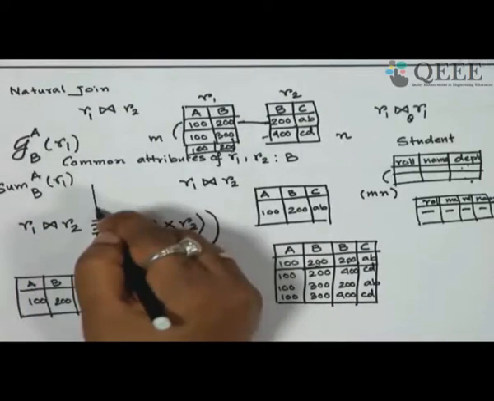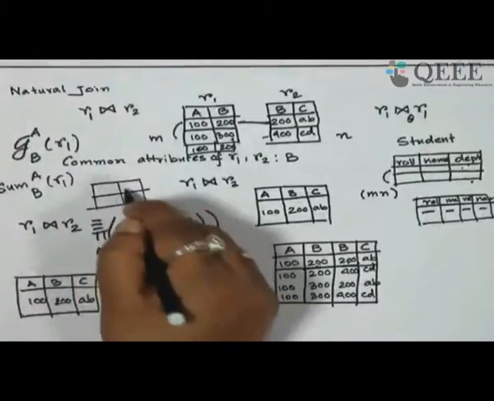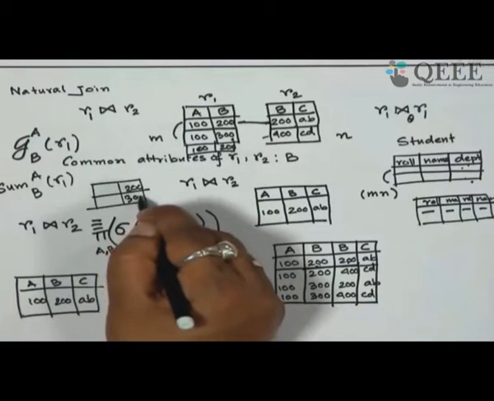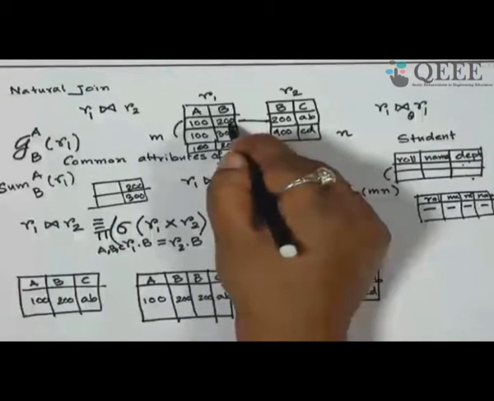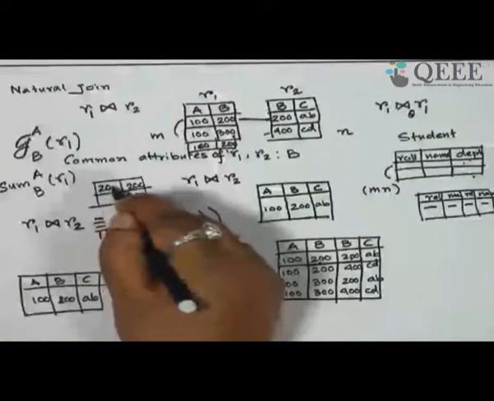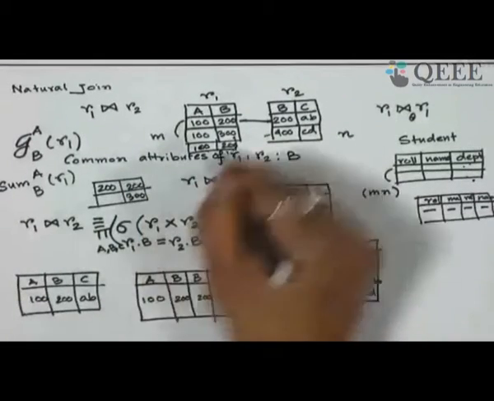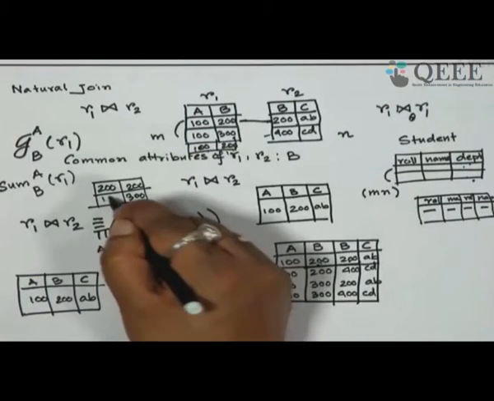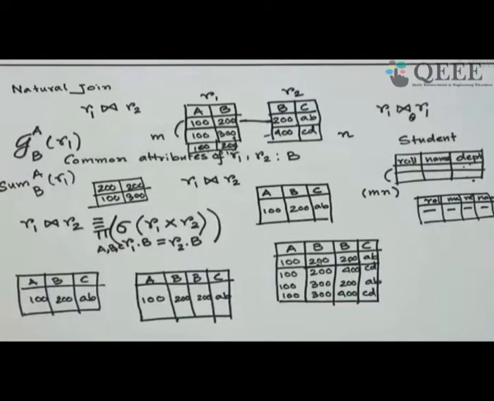What will it do? B will have 2 values, 200 and 300. It will find the sum of all the values of A for all the 200 B's. So this plus this, 100 plus 100, 200. Then all the 300 B's, which is only one, which is 100. So this will be the result.